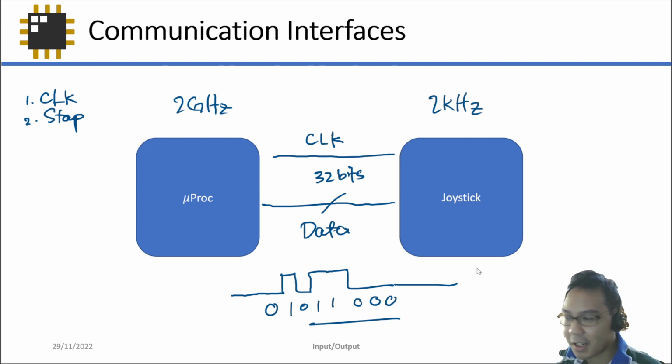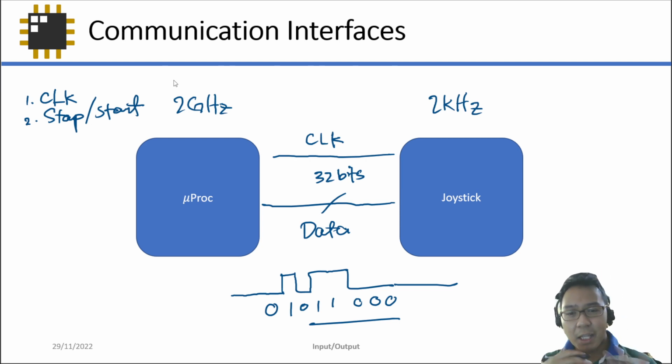And so we also need to decide in our communication interface protocol when the communication should start. So we have to decide when a communication starts and when a communication ends. That's one other thing that we need to decide on.